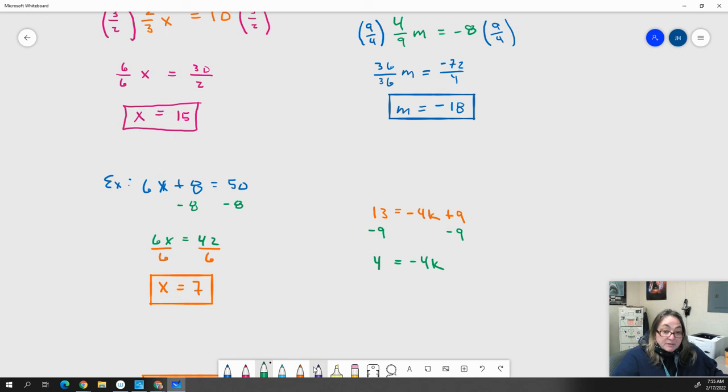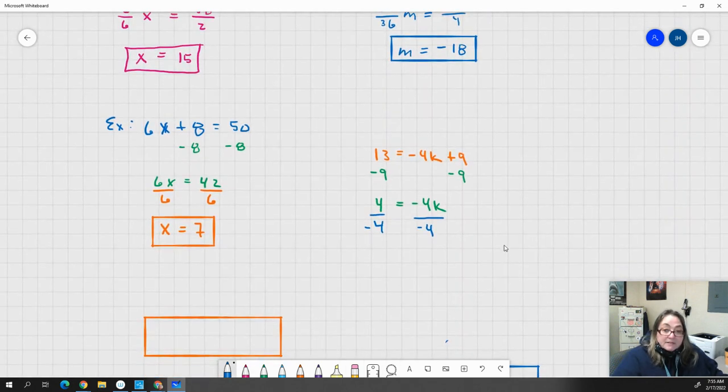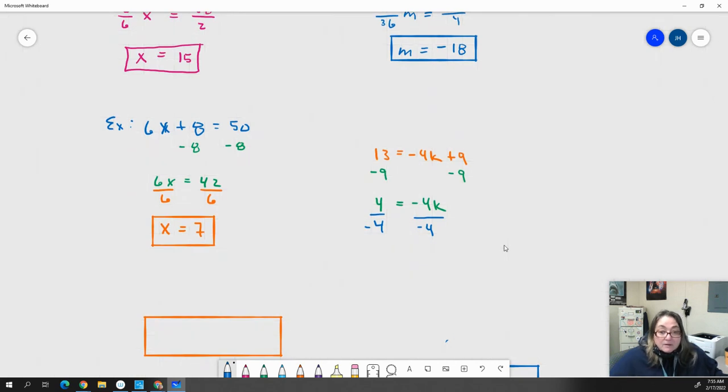And now all we have to do is deal with that negative 4 that's being multiplied to the k. And so we are just going to divide by negative 4 because that is the opposite of multiplication. Here I'll wind up with 4 divided by negative 4, which is negative 1. And that is just going to leave me with k equals negative 1. So that's really all there is to 1 and 2 step equations.